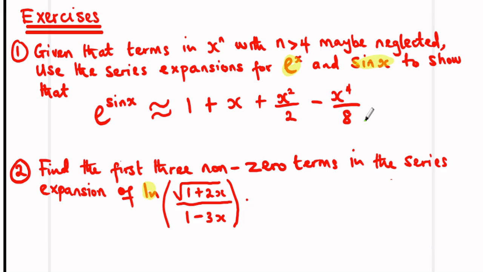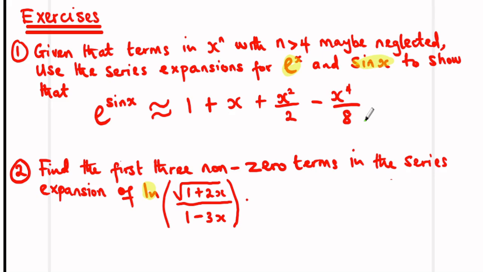If we're going to be writing the series expansion of exponential x and sine x, we're going to be writing the powers of x from 0 to 4, depending on the powers we have there, but it must stop at 4 and must not exceed 4. So we're not going to be using the powers of x ranging from 5, 6, 7, and so on.